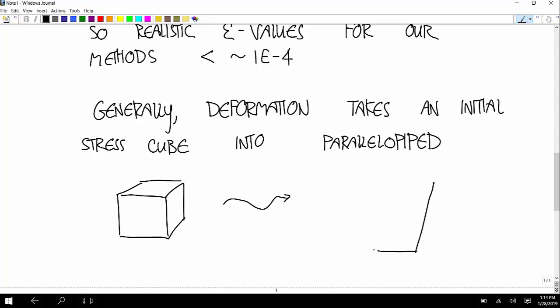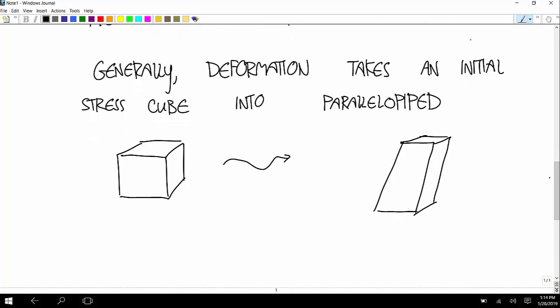That means that every side is a parallelogram. So that same stress cube turns into this shape after it's deformed.